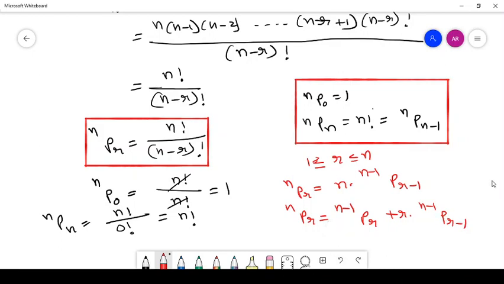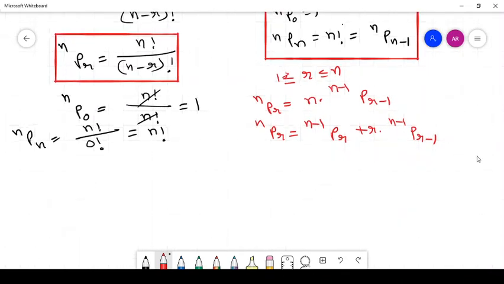nPr is n into (n minus 1)P(r minus 1), and nPr is (n minus 1)Pr plus r into (n minus 1)P(r minus 1).